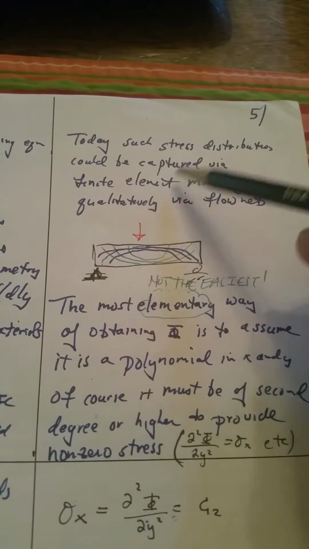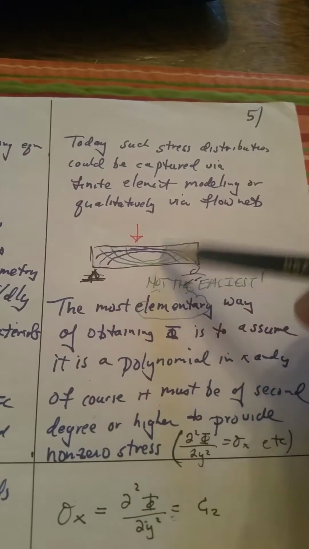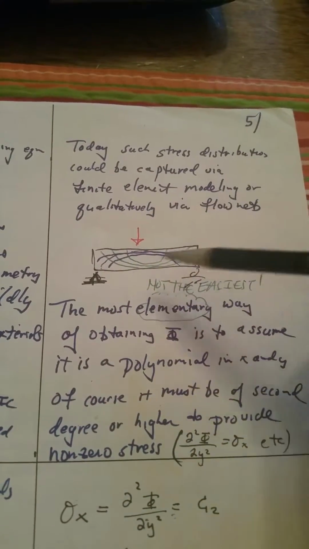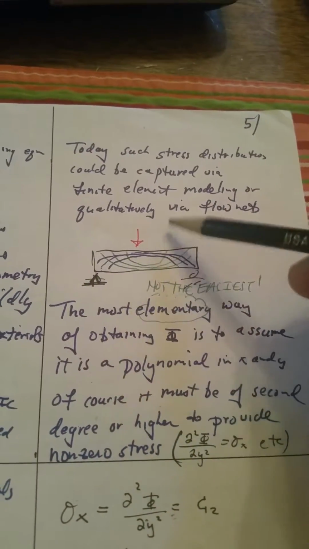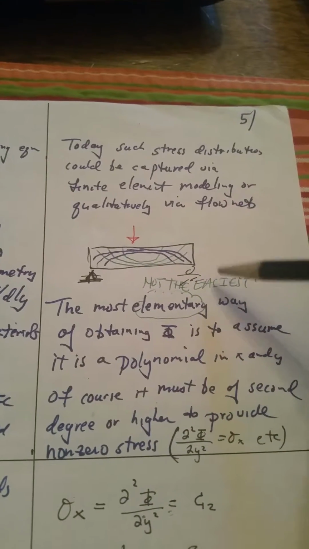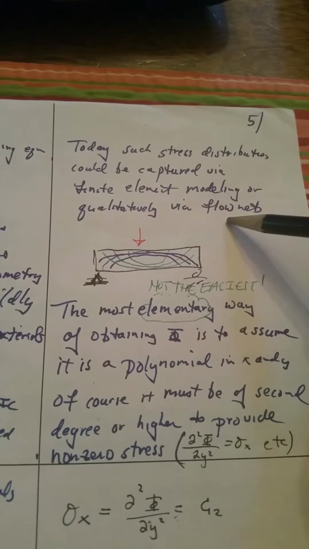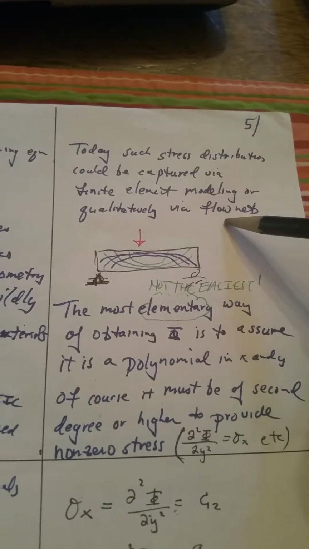Today, of course, these stress distributions can be captured via finite element method, and we're going to explore this qualitatively using flow nets, which is a kind of a geotechnical term.